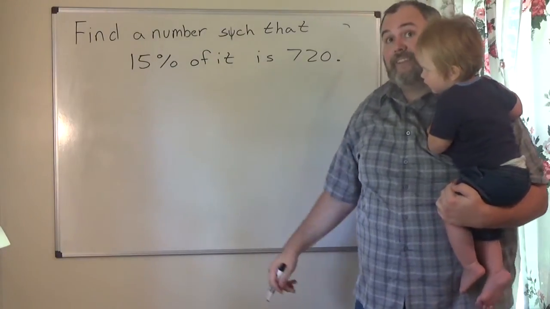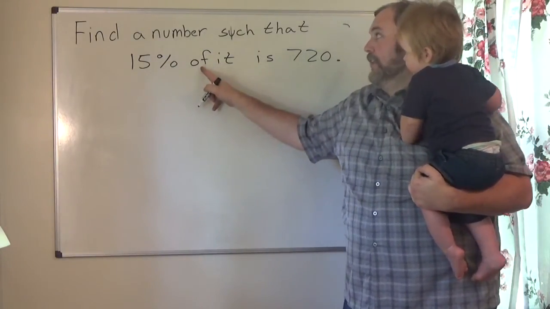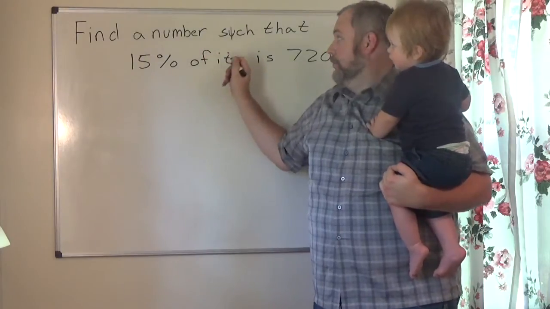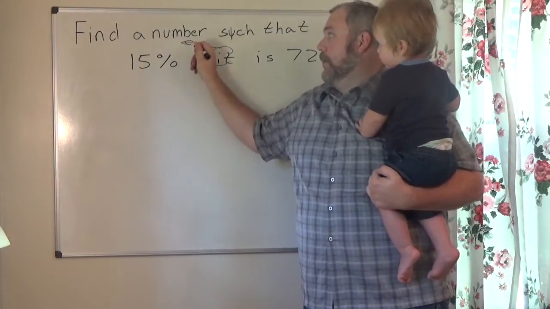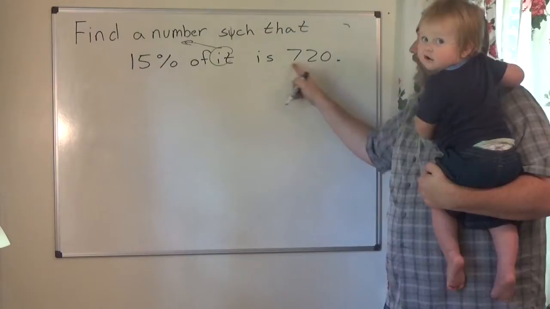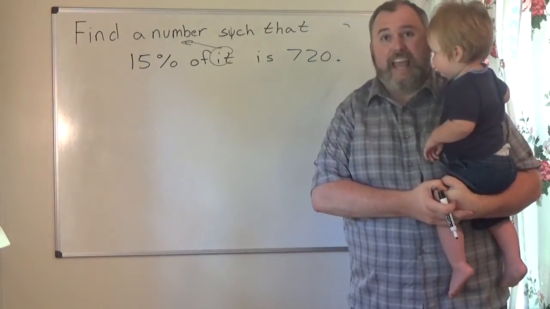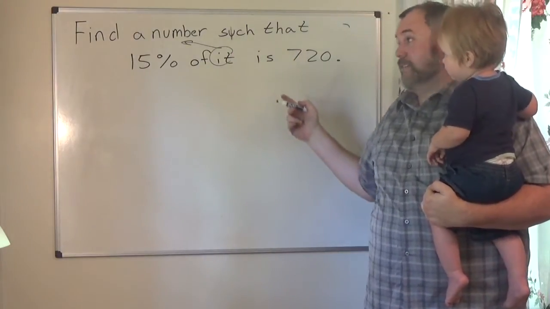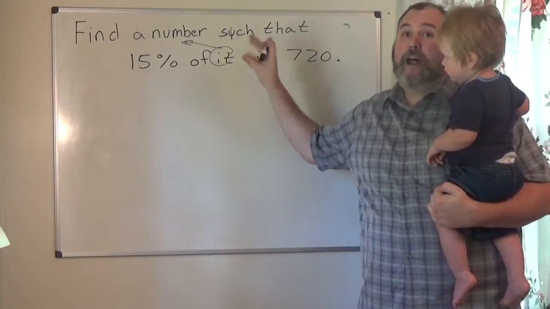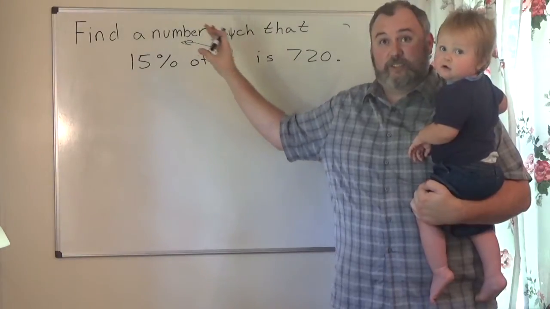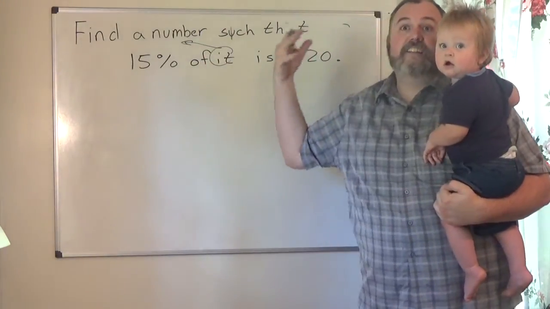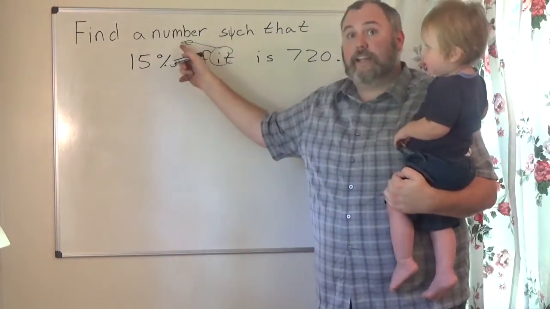So really what we could say is this: 15% of a number, because this it is talking about that number, is 720. So this is kind of like some basic grammar. I will tell you this, I have no idea what the proper terminology for this type of grammar is. It's just that I understand that it is representing number.